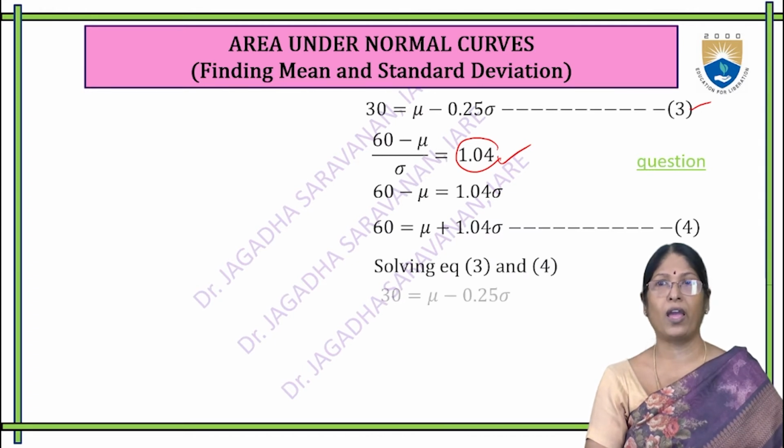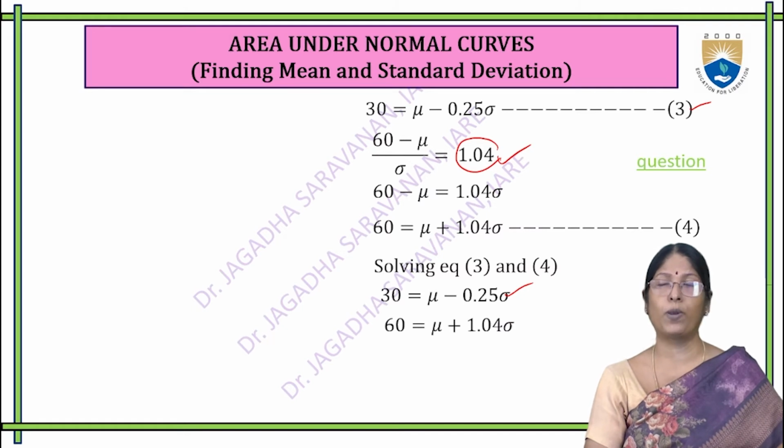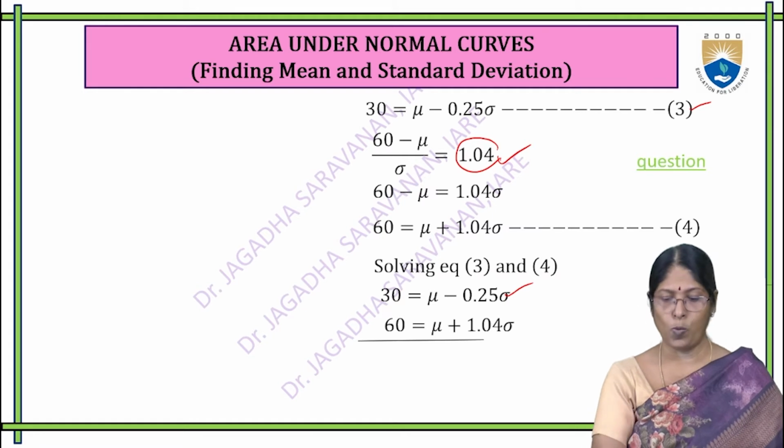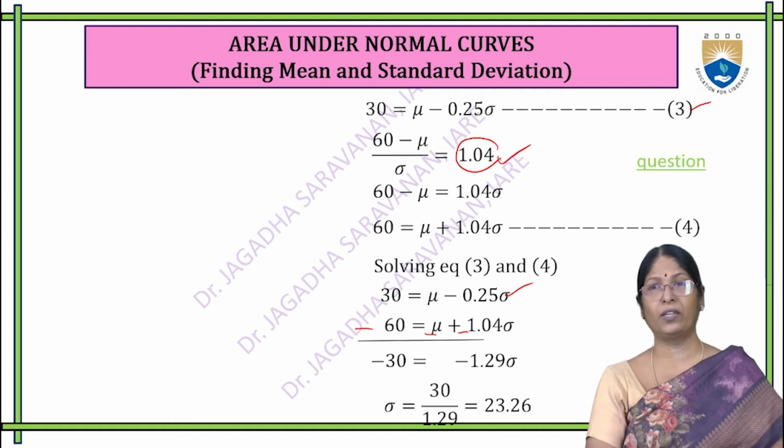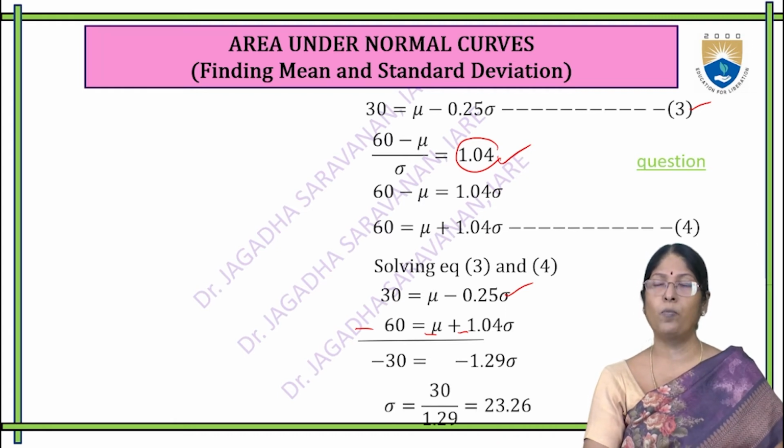Solving equations 3 and 4: 30 equal to mu minus 0.25 sigma, and 60 equal to mu plus 1.04 sigma. Writing opposite signs, the mu gets cancelled. We obtained minus 30 equal to minus 1.29 sigma. So sigma is nothing but 30 divided by 1.29, which is 23.26. Sigma we obtained.